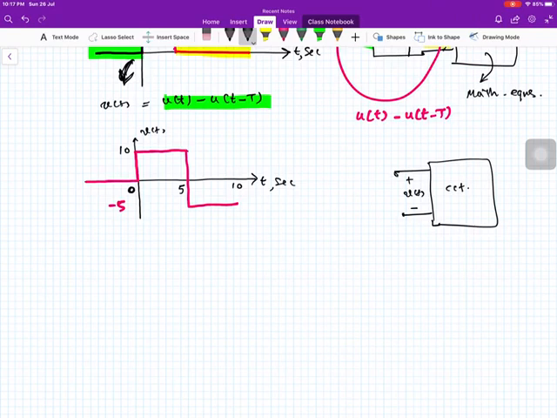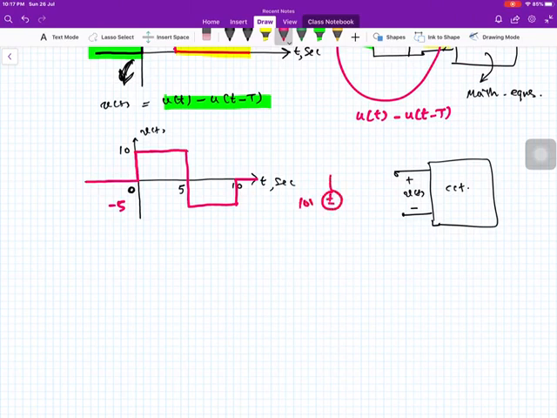Now if we assume that after 10 seconds the voltage should be 0, we can do this with the help of two sources.